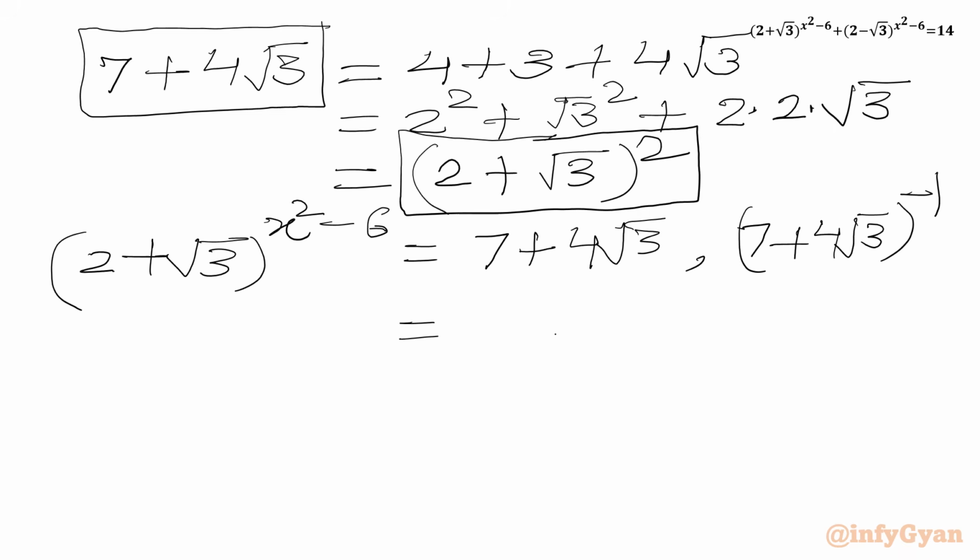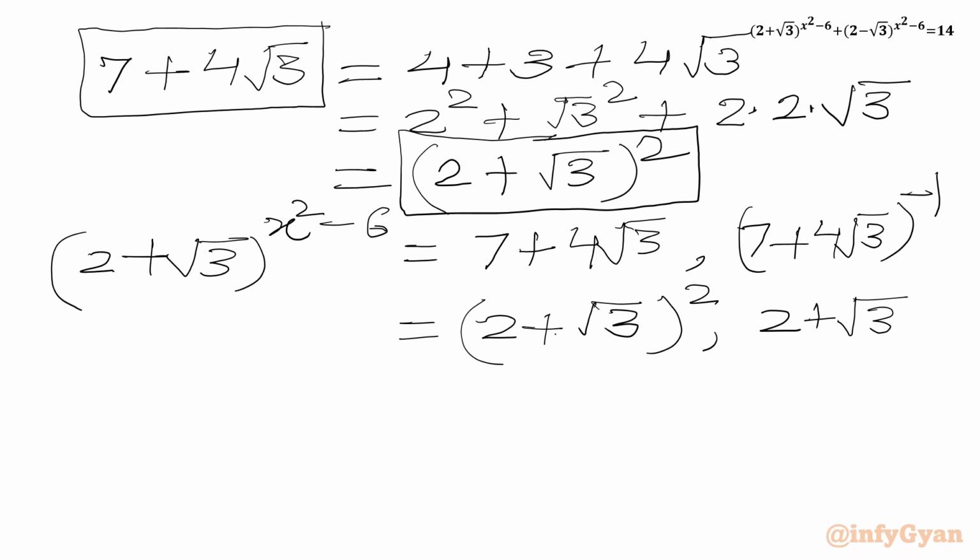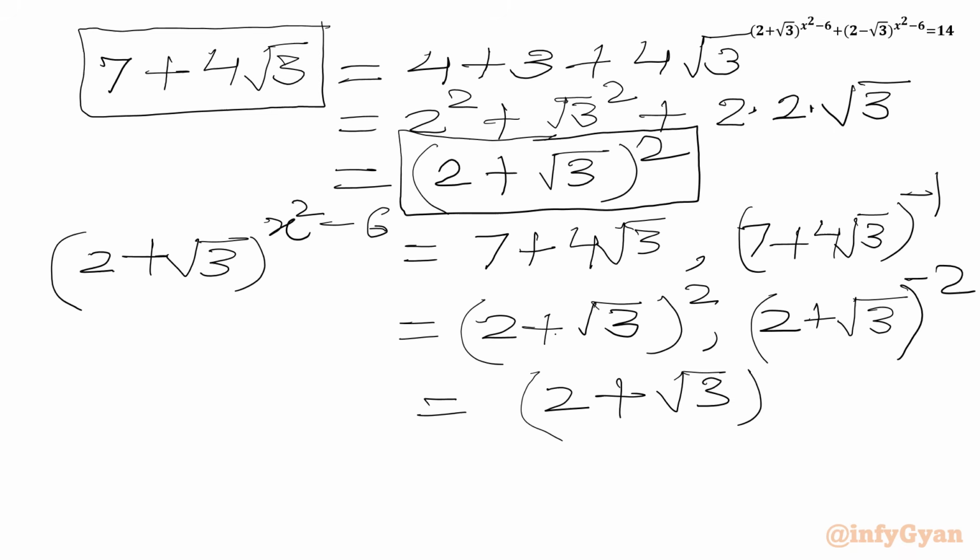So this will be equal to 2 plus square root 3 whole square, and here 2 plus square root 3 whole square and then whole power minus 1, which will be equal to 2 plus root 3 whole power minus 2. So I can write here 2 plus square root 3 with whole power plus minus 2.